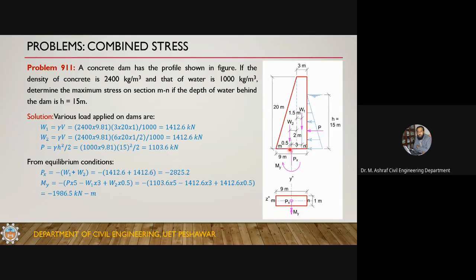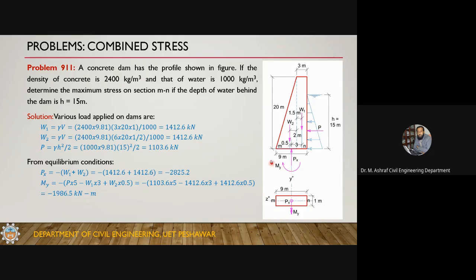So 4.5 minus 1.5 is 3, so its moment arm is 3. W2 is on the other side, so it is plus, added with this P. This is 2 and this is 3, so 5 is toward this one. The distance between these two is 0.5, so plus W2 into 0.5. So it will result in a bending moment of 1986.5 kilonewton.